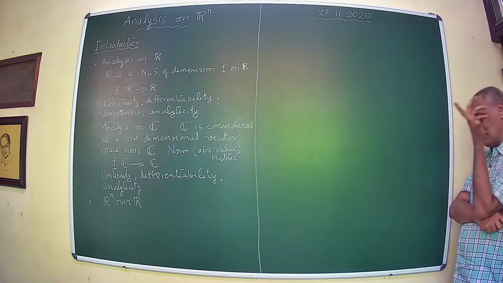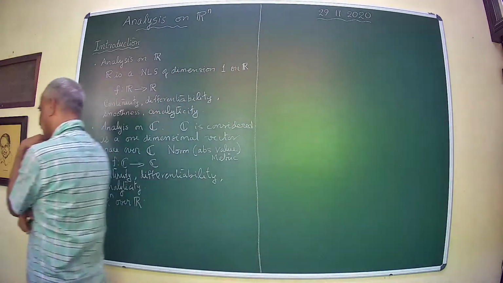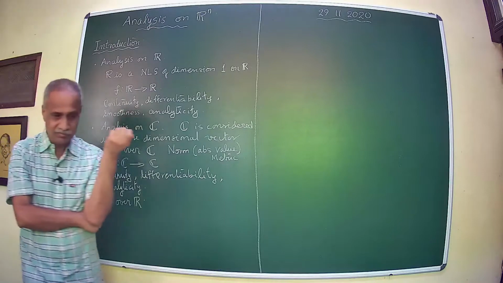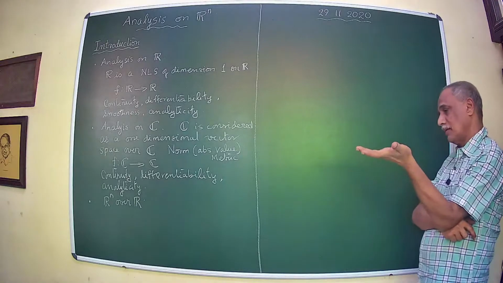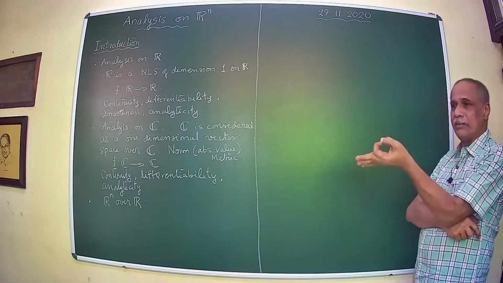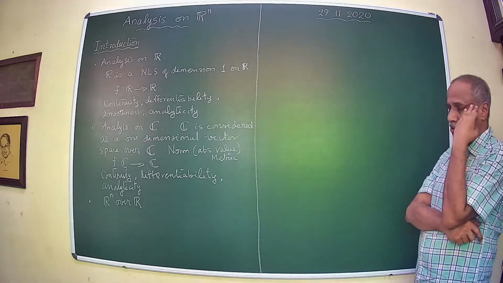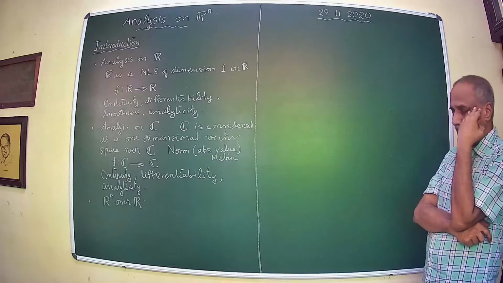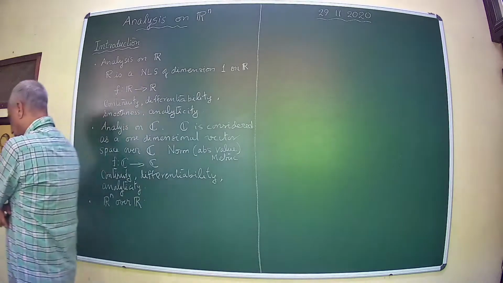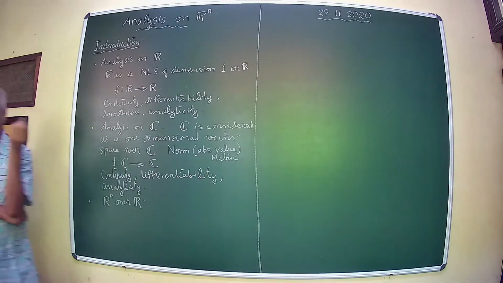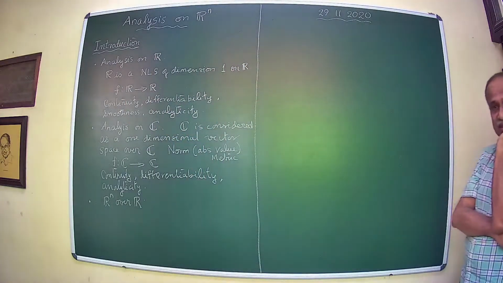These are all locally two-dimensional, in the sense that at every point on this surface you have a tangent space which is a plane. Okay, so it's a two-dimensional tangent space that you have. So if you can develop analysis on these kinds of tangent spaces, from that you can go to developing analysis on the curved surfaces.